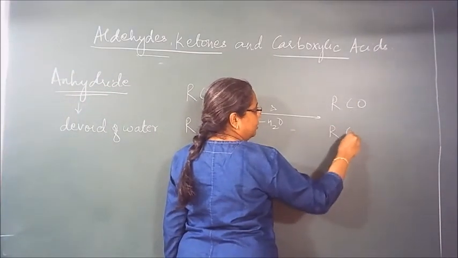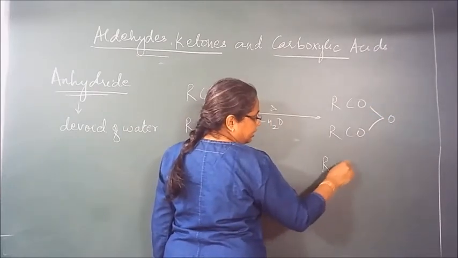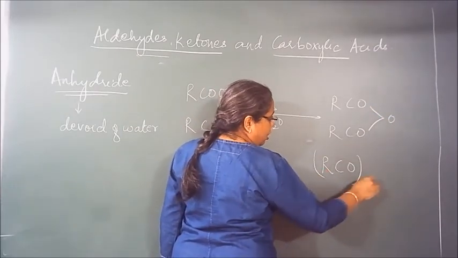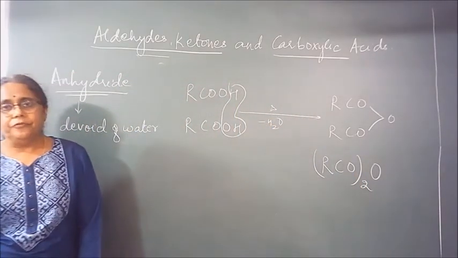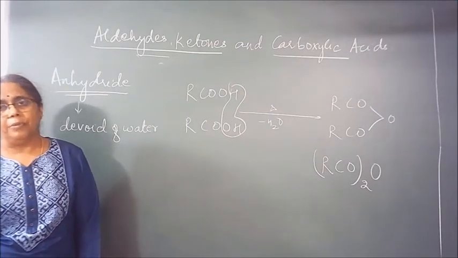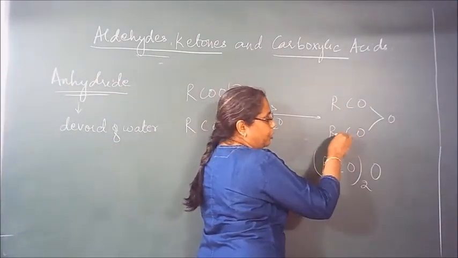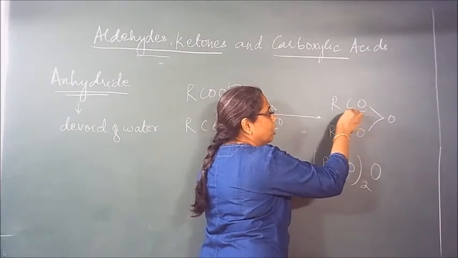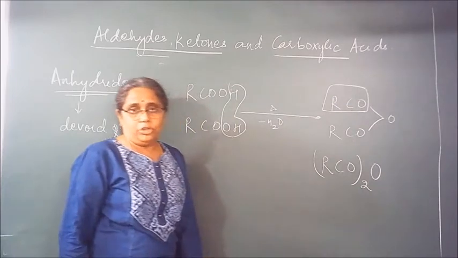So it forms what? RCO, and an O. This can be written as RCO twice, O. The only difference in naming this compound is that you will not count the total number of carbon atoms, but only the number of carbon atoms in one molecule.